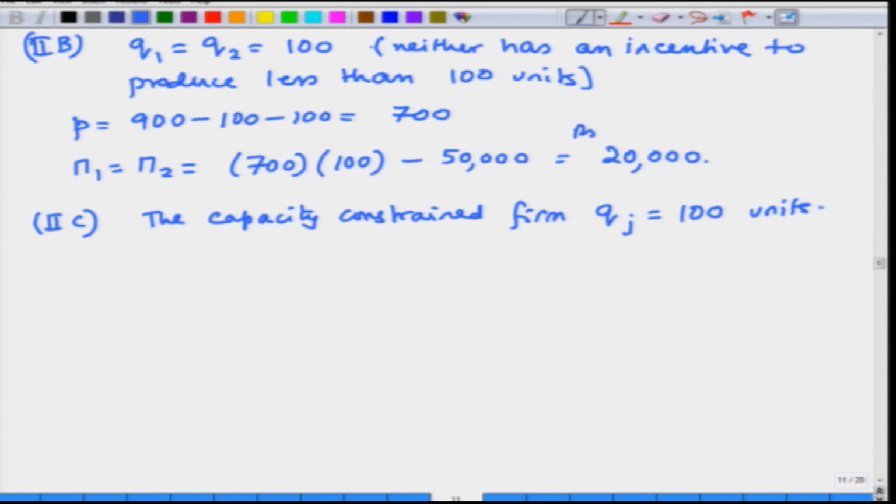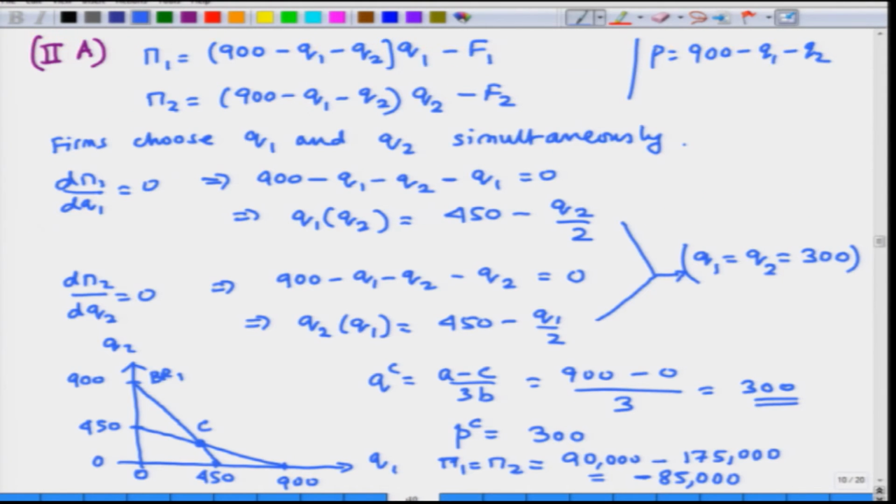For the capacity constrained firm only 100 units are produced. Well, let us call it firm 2 to make it more clear. So, let us say firm 2, the entrant, is producing 100 units, then what is the best response of the other firm? Notice that the best response functions have already been computed, because the post entry competition is Cournot.